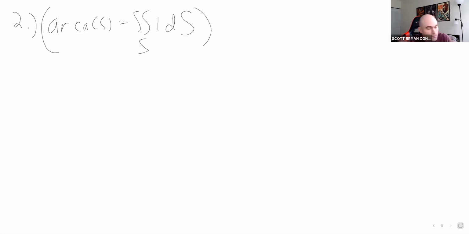Okay, so we go to our function 1. We replace x. Well, let's do g sub r cross g sub theta first. So d capital S is the magnitude of g sub r cross g sub theta dA.